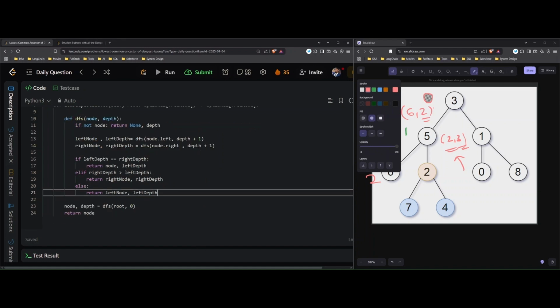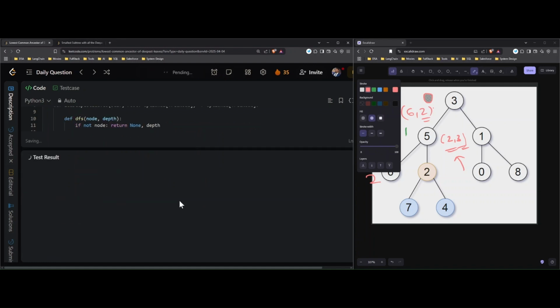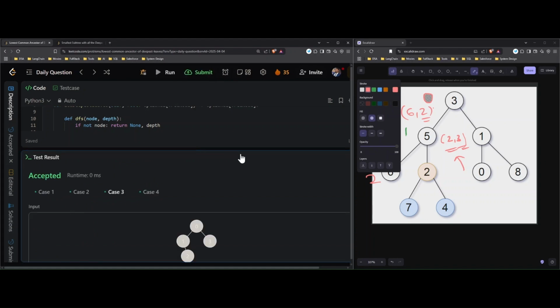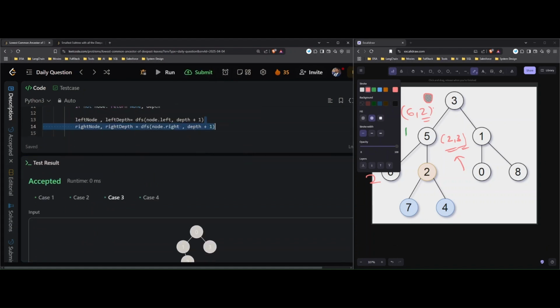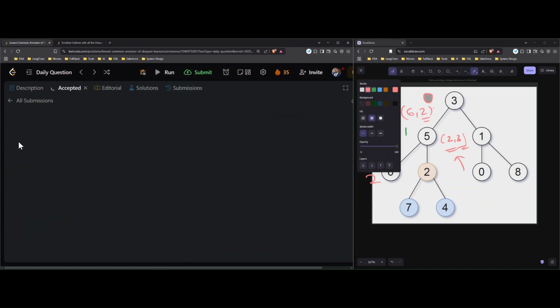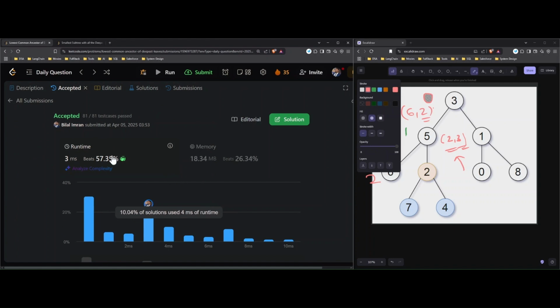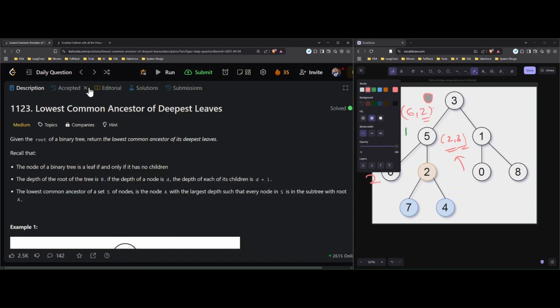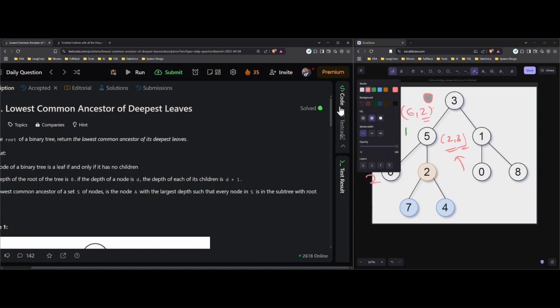If I try to run it, let's see what I have missed. Nothing. Okay, so this is accepted, and I'll simply submit it. So as you can see, this is efficient, and this is all submitted. Talking about the time complexity of it, the time complexity would be big O of n.